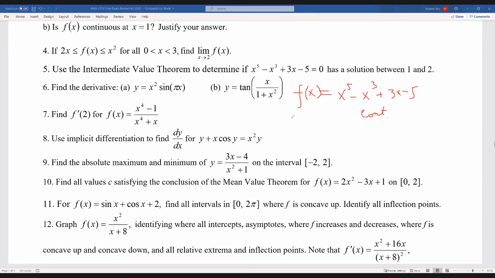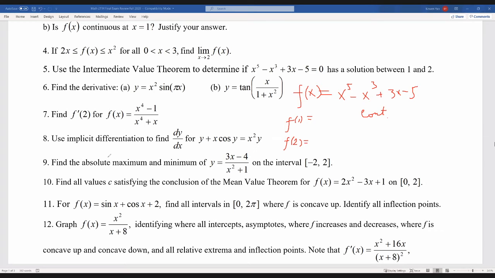Now what's f(1)? What's f(2)? Please find the values for f(1), f(2). Everybody please find these two values. What's the function value for f(1)? Put 1 inside, tell me the answer.